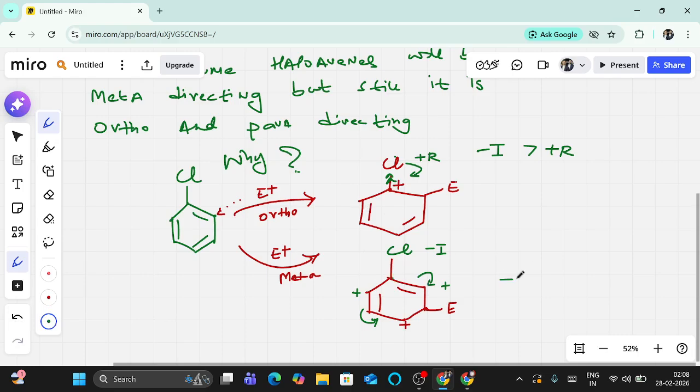So here only minus I is there. Plus R is not really making any benefit. Plus R benefit is gone, only minus I. So here only loss is happening, benefit is not there. Here loss is also there, benefit is also there. Because of this reason, there is no plus R benefit.